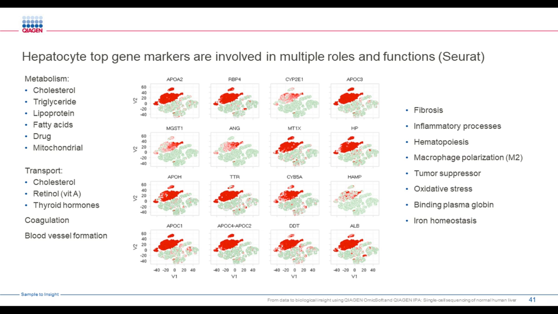It encompasses so many functions that the liver is doing, particularly metabolism of cholesterol, triglyceride, lipoprotein, fatty acid, or also transport, coagulation, blood vessel formation, fibrosis, inflammatory processes, and many others. So when you have a set of top gene markers, you can extract meaningful information by going back from OmicSoft, scatter color view, and IPA, the gene view, where you will generate a lot of new knowledge.